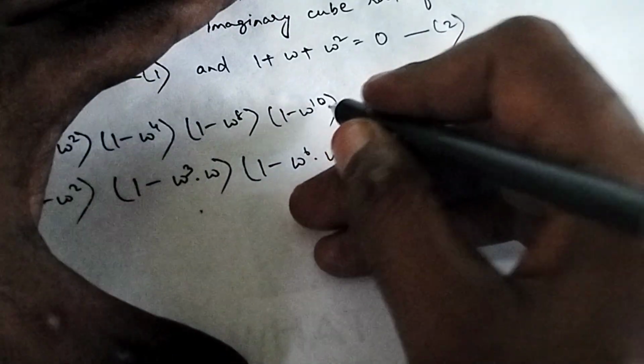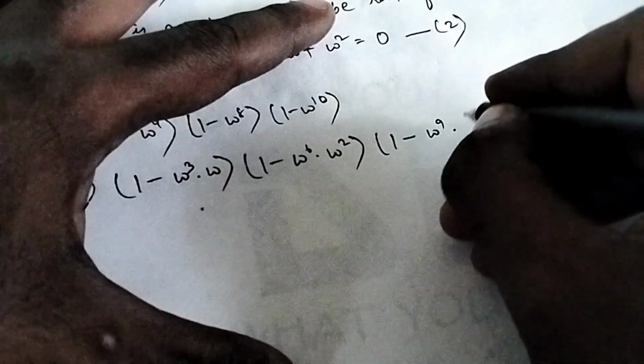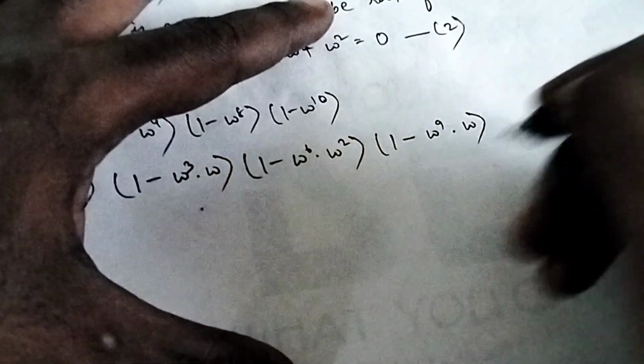Then 1 minus omega to the power 10 can be written as 1 minus omega to the power 9 into omega.